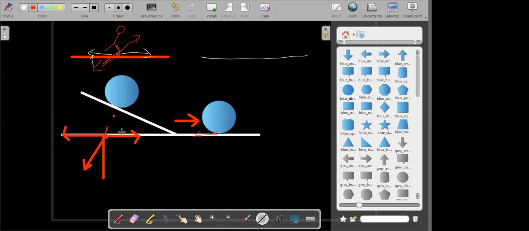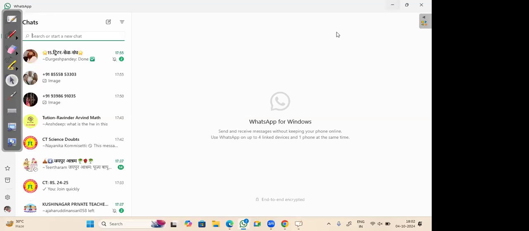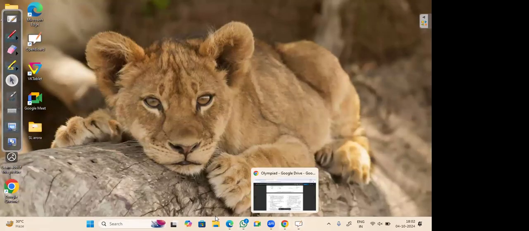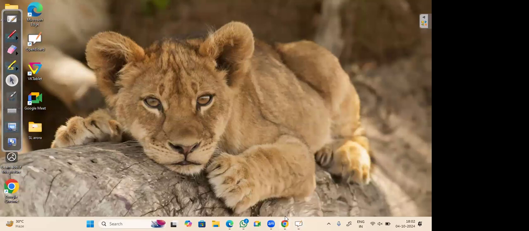Okay, the same happens when the vehicle is accelerating. I hope everyone has understood about the accelerating vehicle. Any other doubt? No, sir. Okay. So let's see these questions which I have taken up. I think we can take up these questions for now.